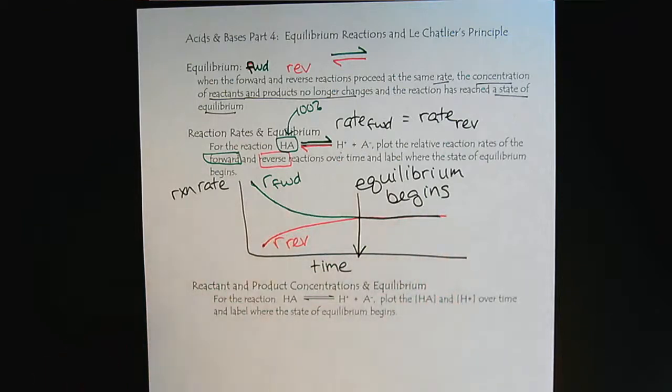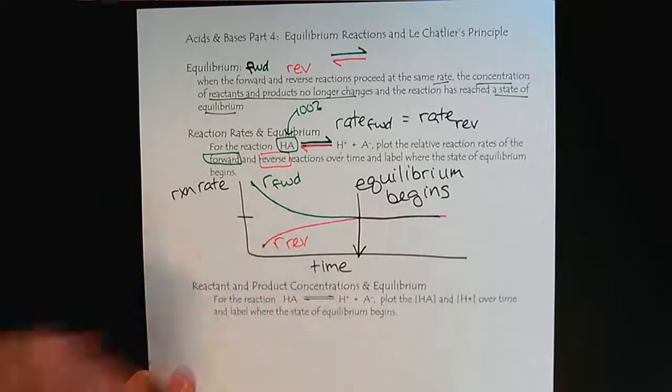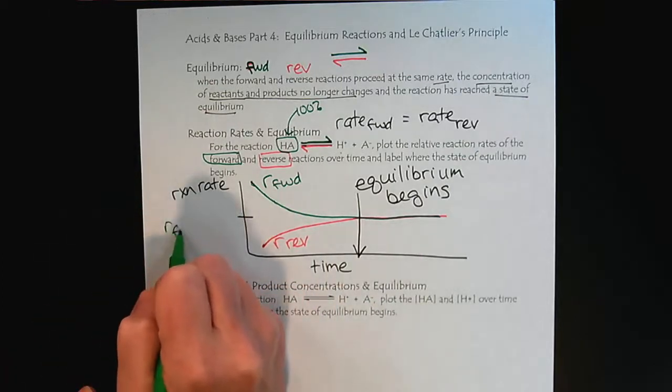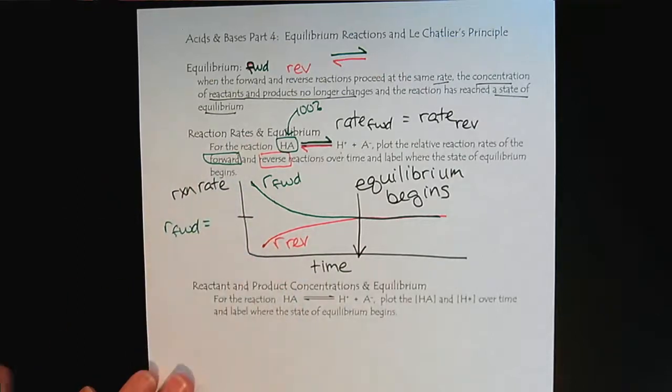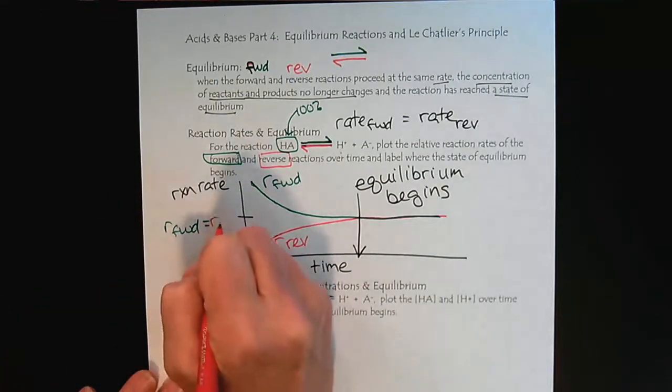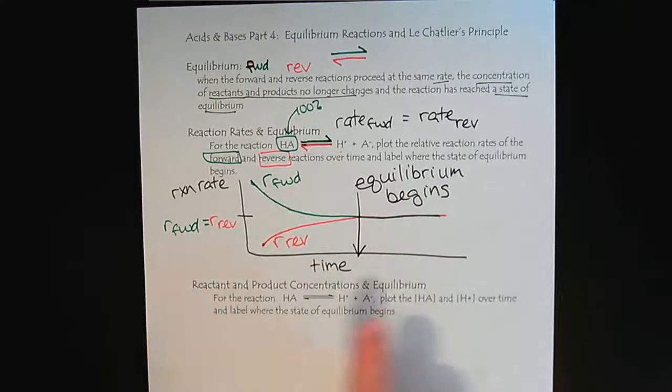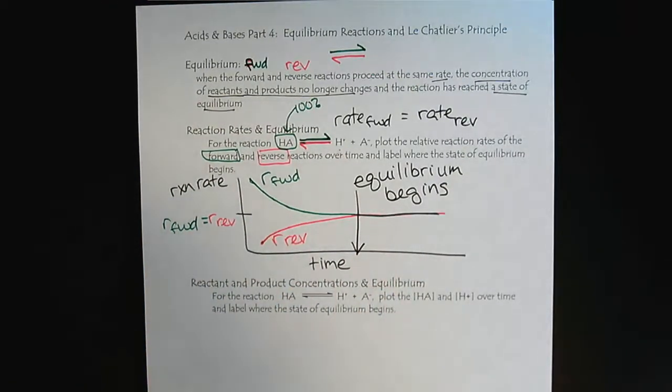Nothing has stopped, it's just to the point. If we look right here on our graph, we would say that this is where rate forward equals rate reverse, and that signifies equilibrium.